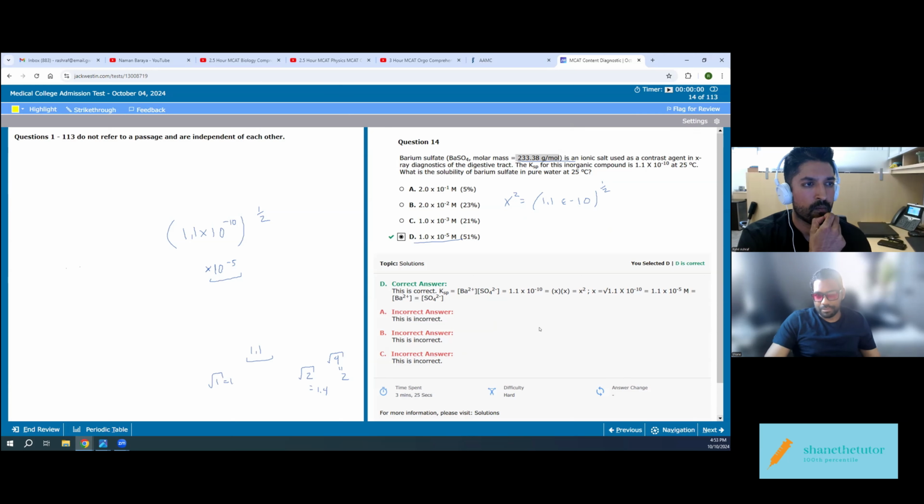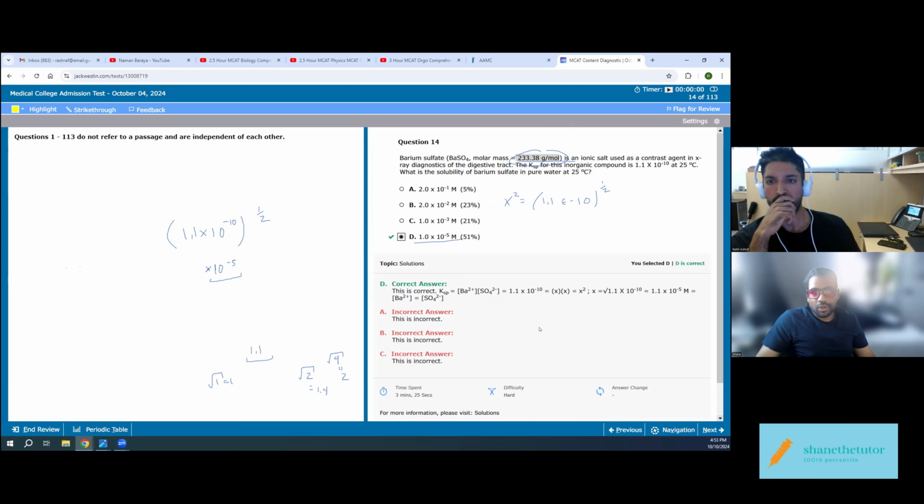So that's why this is given to us here. Because two things. One, even if we needed the molar mass of barium sulfate, you're supposed to know how to find that out from the periodic table, right? So you ultimately don't need it anyway. The other thing is just because they're giving it to us doesn't mean that we need to use it.